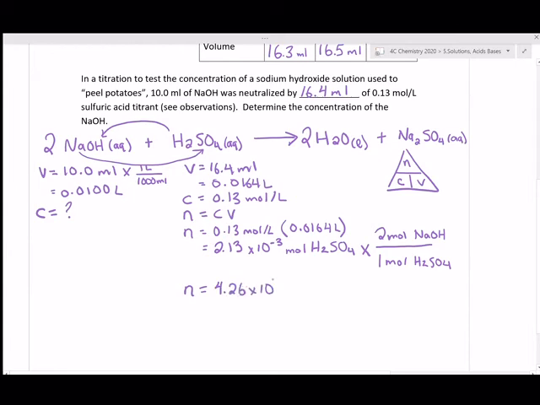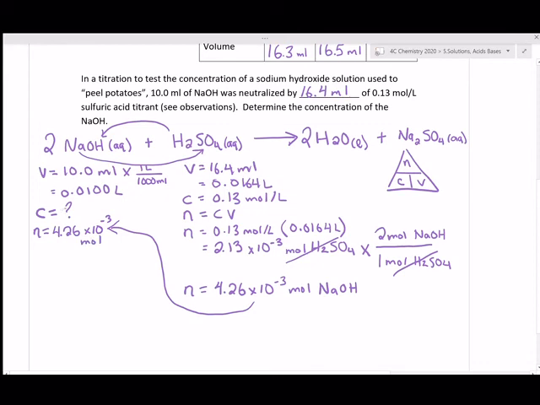So 4.26 times 10 to the negative 3. But notice moles of acid are now canceled and we have changed our substance. Okay, so this is sodium hydroxide. We can take this up here, and I'll just rewrite it. So 4.26 times 10 to the negative 3 moles.